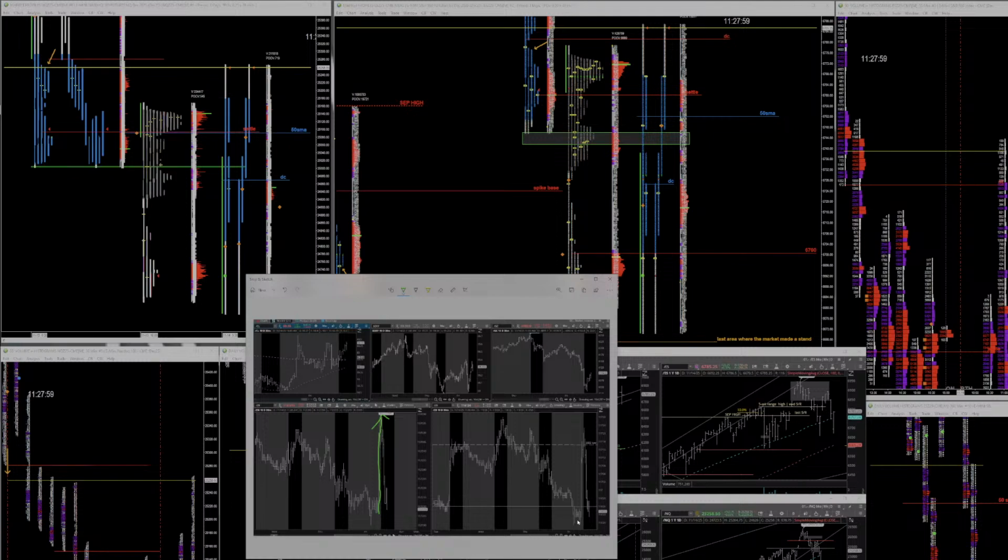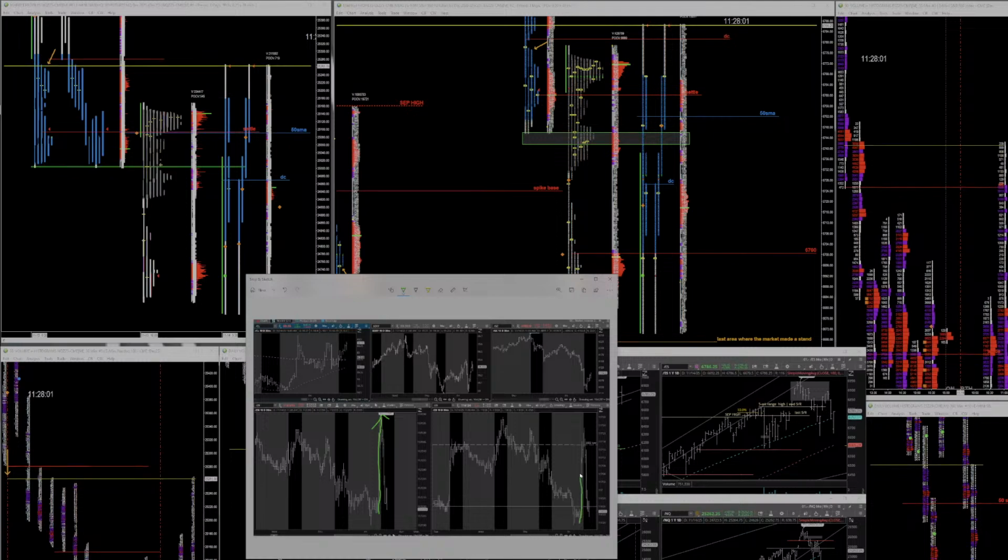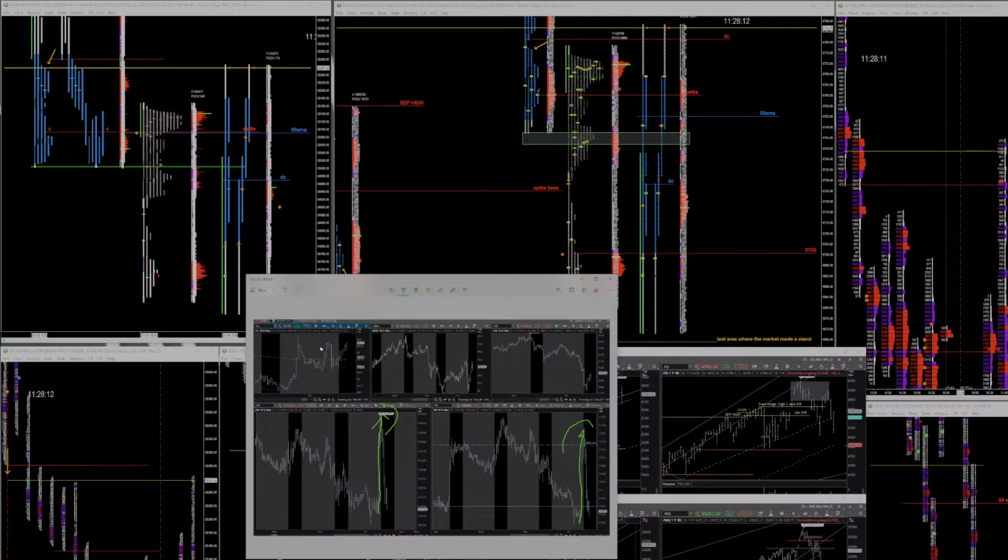Really impressive short covering just before the market opened, in a couple of periods. This for me was key, right? It increased the odds that we may see some short covering today.